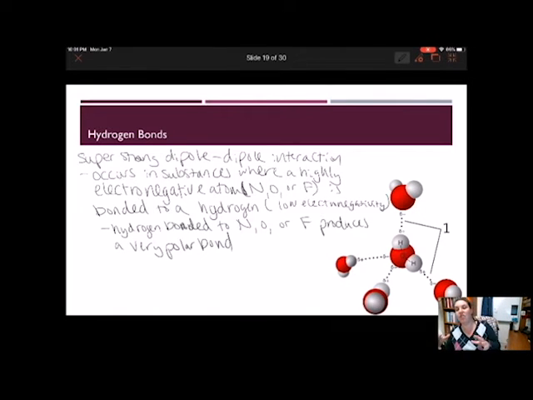So much so that the electron density is pulled away from that hydrogen so much that it's almost lost all its electron density. So as such, it wants more electron density around it.